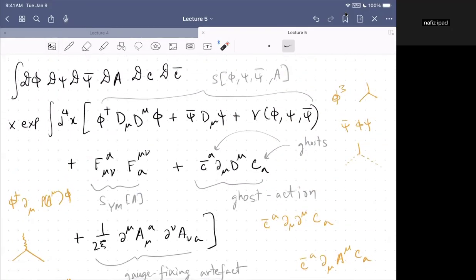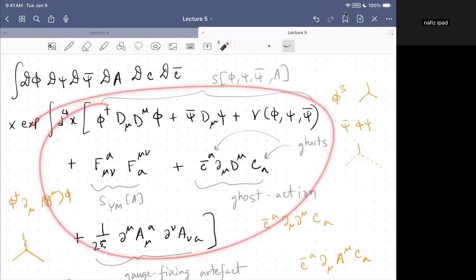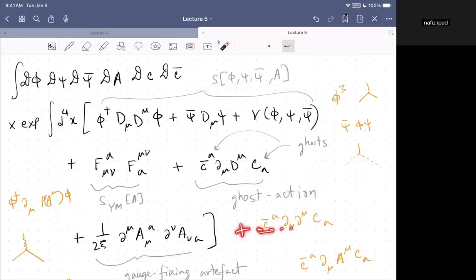Let's just summarize that all gauge theories in the world will look pretty much like this. Again, as I said, there are some terms that we have not discussed, some topological terms, but they're out of scope. The rest will always look like this. So we'll have kinetic terms for your fields involving bosons and fermions.